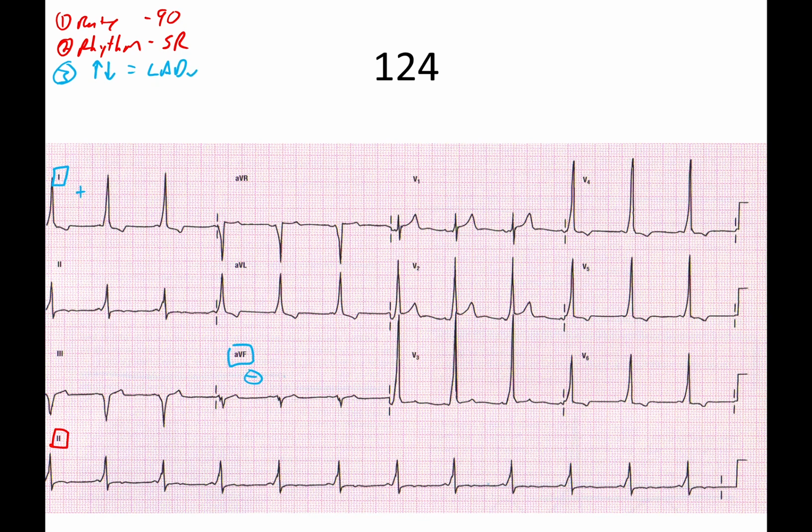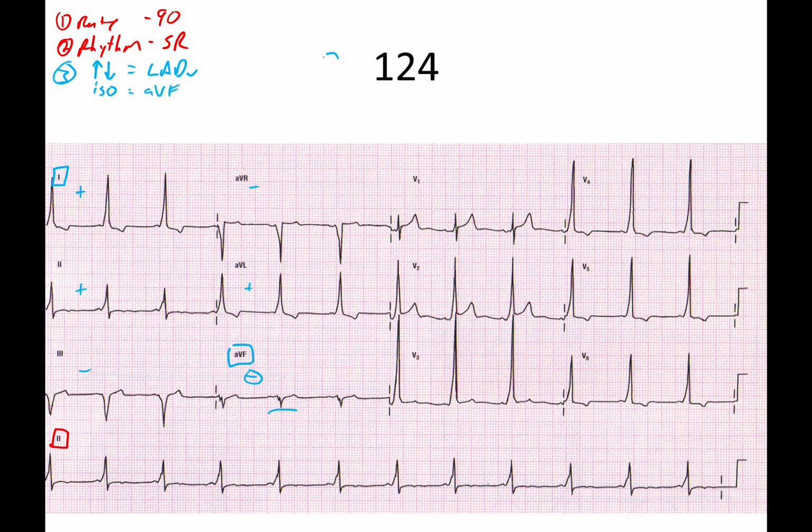Let's find our most isoelectric. And our most isoelectric, well, we've got positive, negative, negative, positive. So it looks like our AVF is the most isoelectric because it's the smallest, honestly. And so our ISO is AVF.